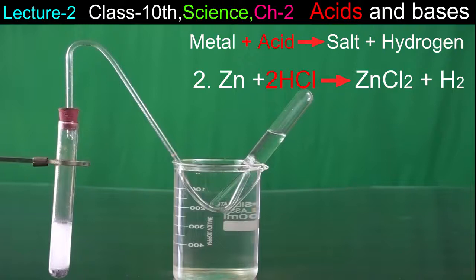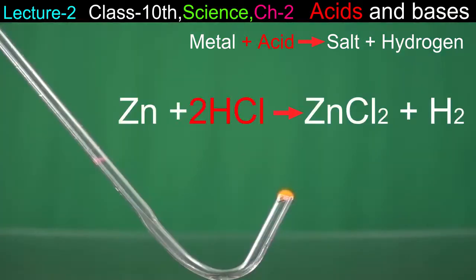You can see that gas is still being evolved. On bringing burning candle near to this glass tube, you can see a small flame. You see here, it is hydrogen burning in air, means H2 plus O2 combining to give H2O, which is being produced in the form of steam.